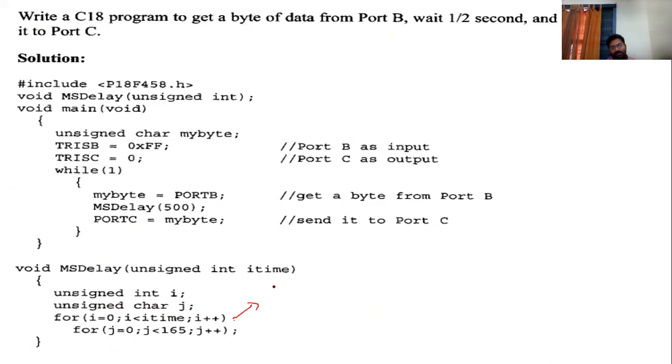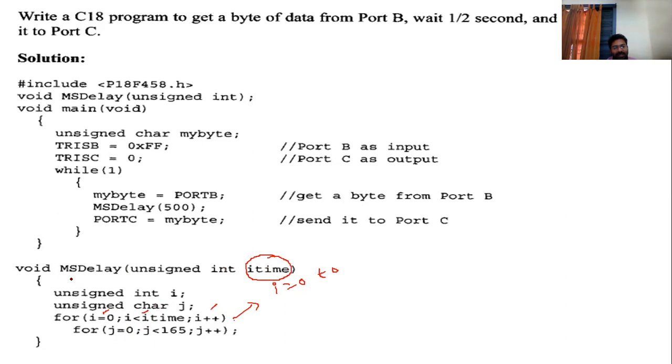For i equal to 0, this is the initialization. This is the condition. This is the increment or decrement. Here they mention the increment. So i equal to 0 can increment up to i less than i time.